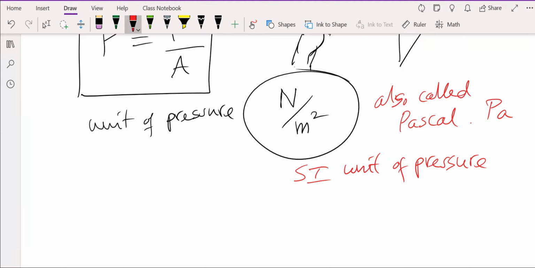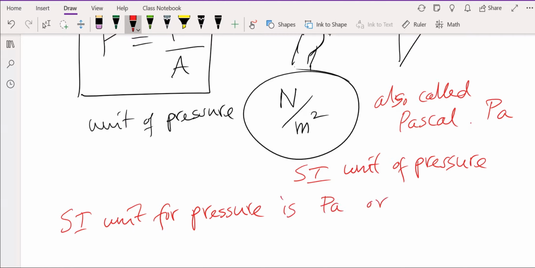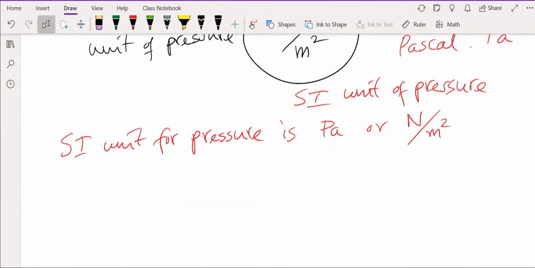Pascal is a shortcut unit for pressure, SI unit. So SI unit for pressure is Pascal, or Newton per meter square if you want to split it up. Any questions so far? Good.